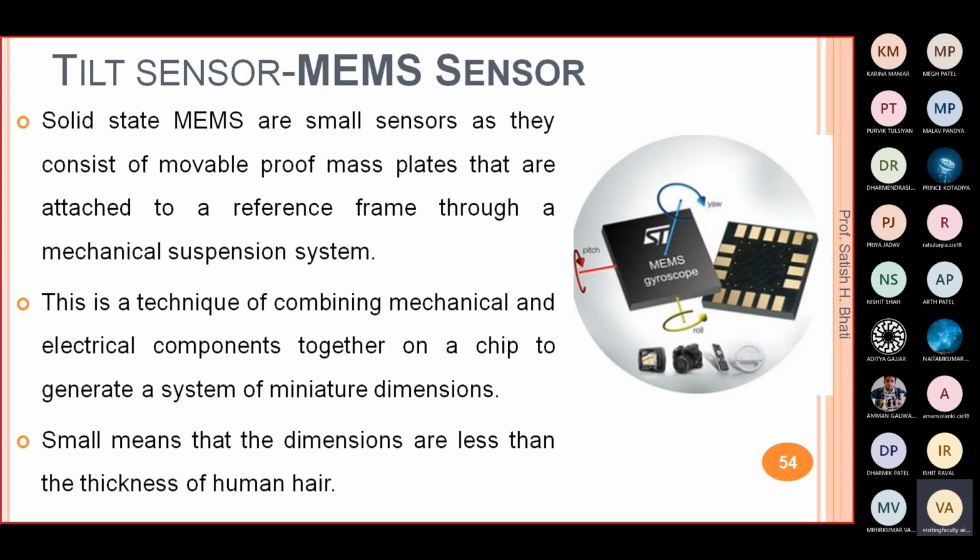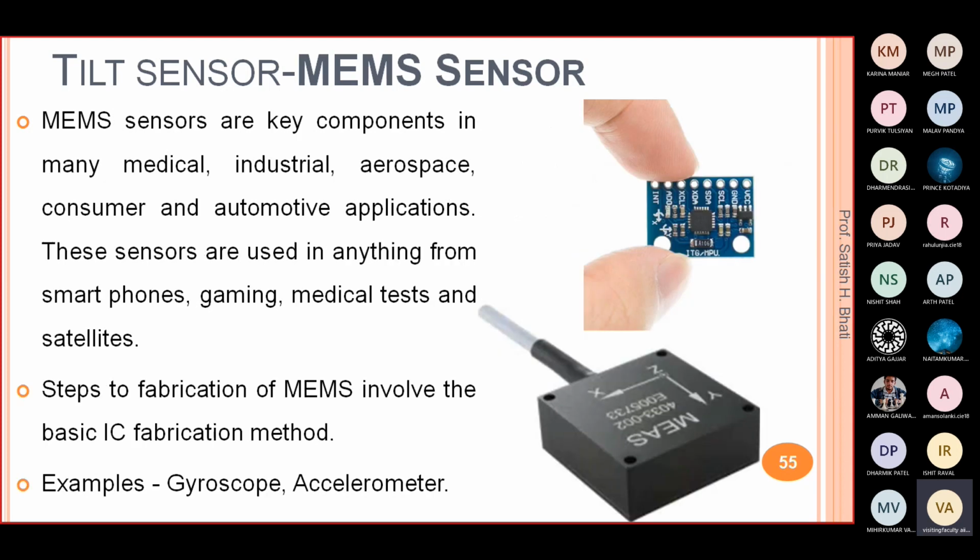It is not that all MEMS sensors are that thin. Depending on your application we can generate them, but the minimum you can generate is that much thickness. You can see in the first figure a person holding that circuit in his hand. You can see the size of that sensor, which is a kind of gyroscope or accelerometer.